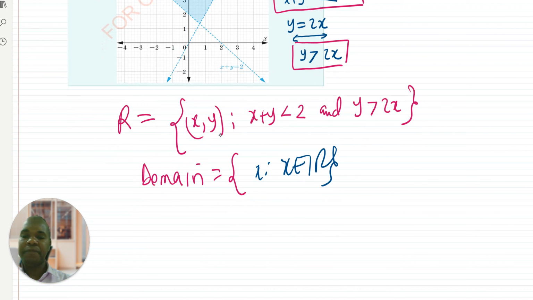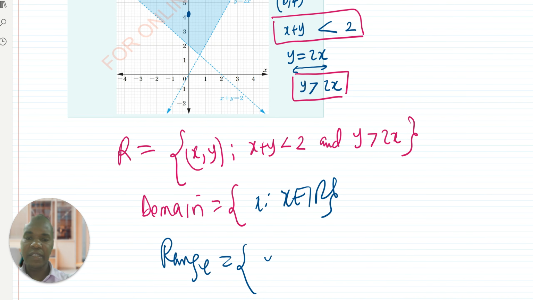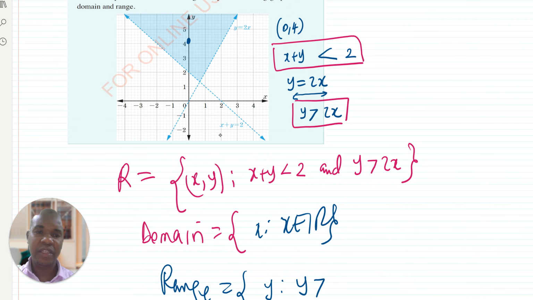And what about range? For range, we'll be checking y values, and we can see that y is all real numbers such that y is greater than the intersection of these two equations. So for the first equation, we have to check the y values here.